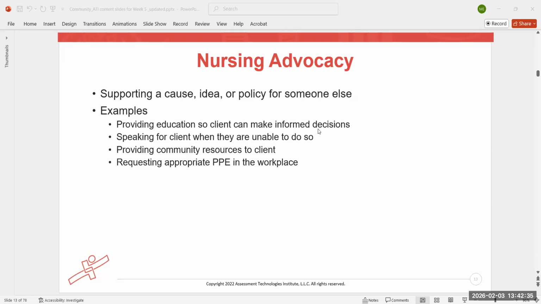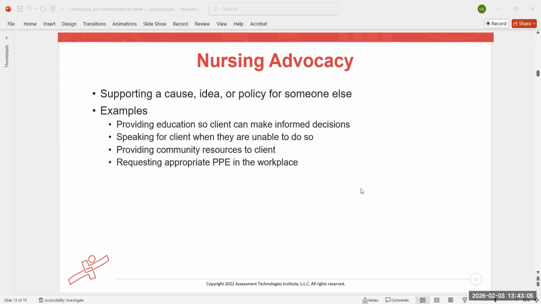And patients do have a right to say no. They have the right to make a decision that may not align with your own thoughts and wishes. So we do have to respect their autonomy, but we do need to advocate for their healthcare needs and available resources. When we're looking at examples of what this might look like, it could be providing education to make informed decisions, speaking for clients if they're unable to do so, and helping provide community resources.